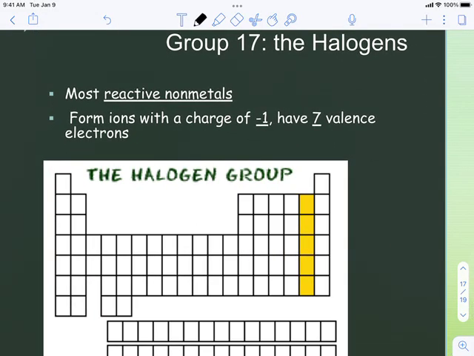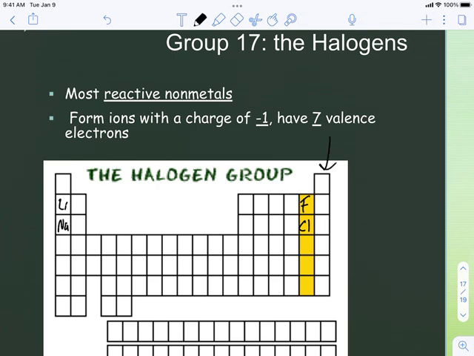17, pretty important, the halogens. This starts with fluorine. Most reactive nonmetals. So interesting that the most reactive metals are group 1. Most reactive nonmetals are group 17. Maybe you thought it would be group 18 on the ends.